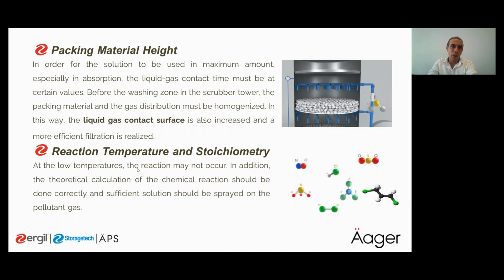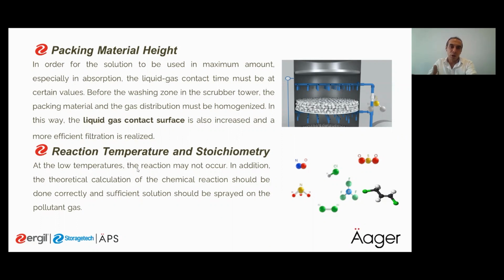The packing material height: we are using packing material to increase reaction time, but this packing material also makes a pressure drop. So the packing material height should be calculated correctly. And the reaction temperature and stoichiometry. Reaction temperature matters, because the reactions do not occur at all temperatures.